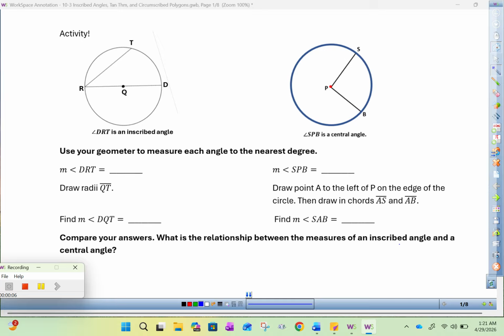So we talked about central angles. Okay, so this example of the circle on the right-hand side of your sheet is a central angle. And that's because we have this angle SPB where the vertex P is the center of the circle. So we know a central angle is happening when, just write some quick notes to the side here, the vertex of the angle is the center of the circle.